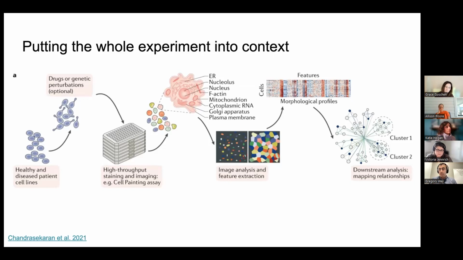We plate these cells in high throughput in 384 well plates. We apply an assay, most often Cell Painting or some modified version of Cell Painting, which are going to mark various different organelles. We apply image analysis tools and software to segment cells, extract features, and normalize them and get them ready for downstream analyses in which we can test various hypotheses.